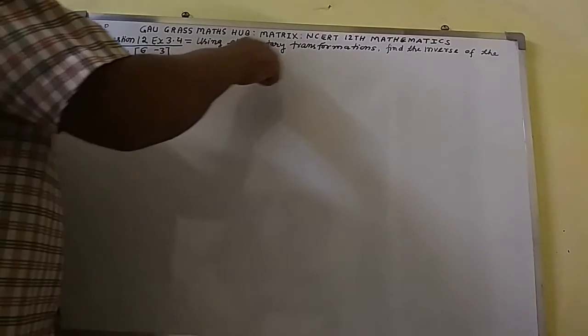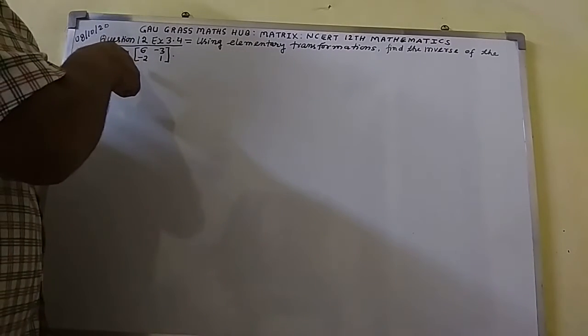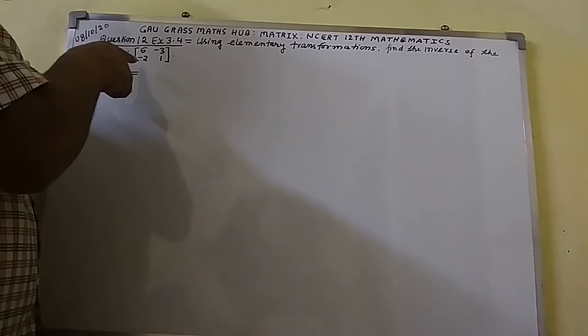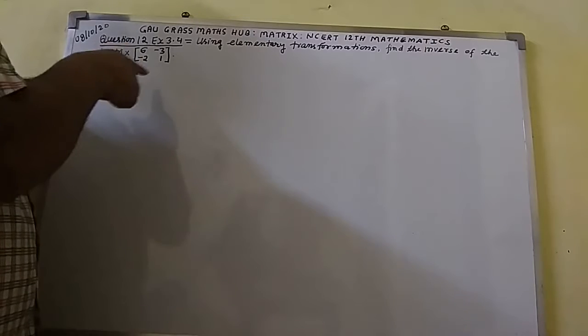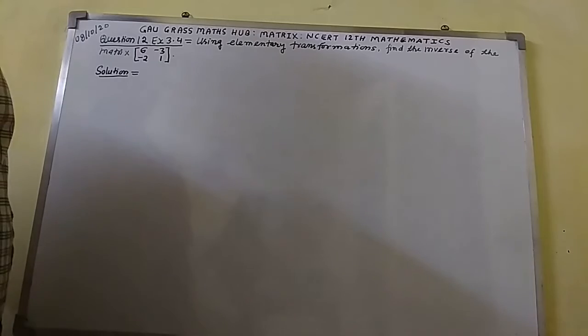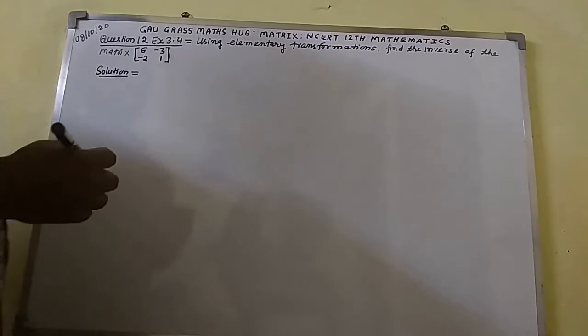Using elementary transformations, find the inverse of the matrix [6 -3; -2 1]. Here I have written the solution.